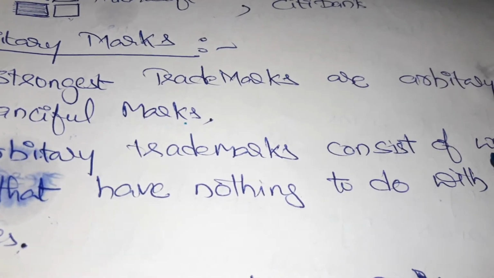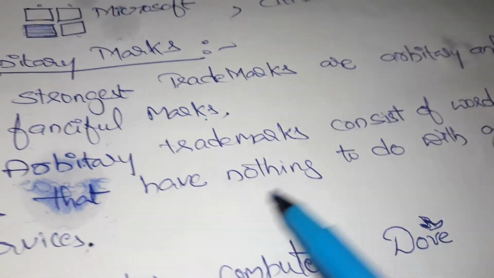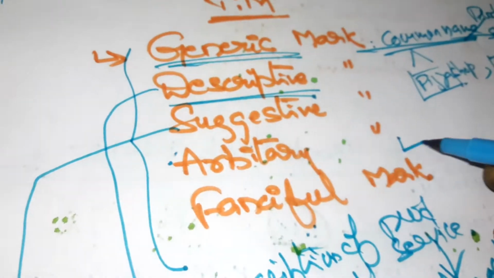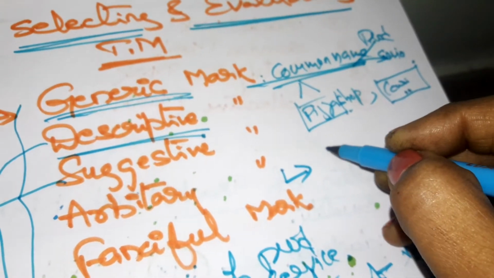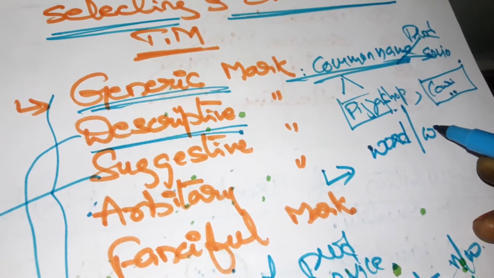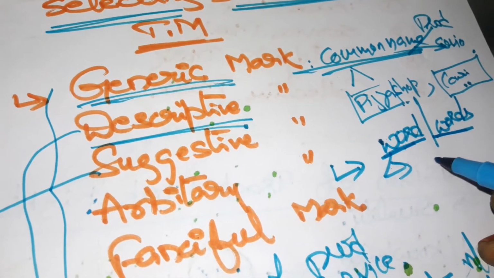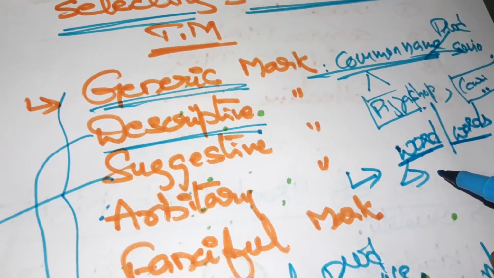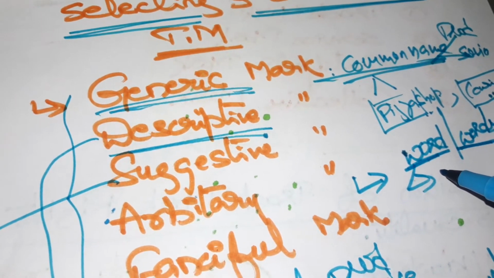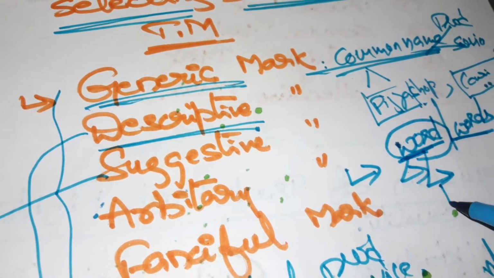An arbitrary trademark consists of a word or words that have nothing to do with the product or services, which means that there is no connection between this word and that product.